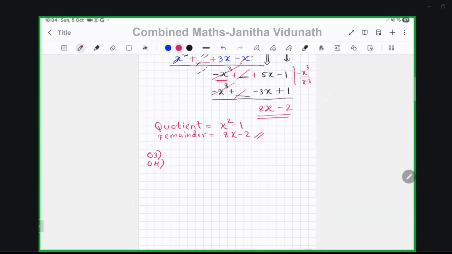I will do the third question. Here we need to divide x to the power 4 plus x to the power 2 minus 1 by x square minus 2.